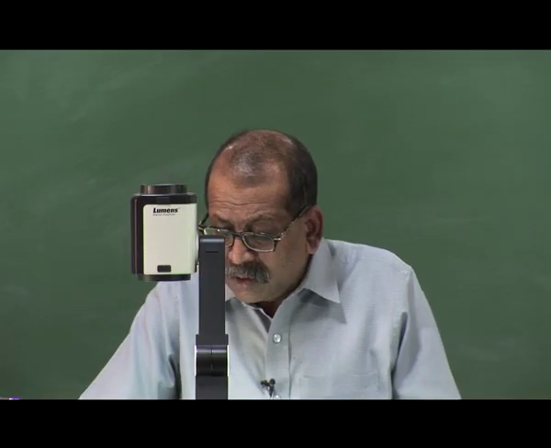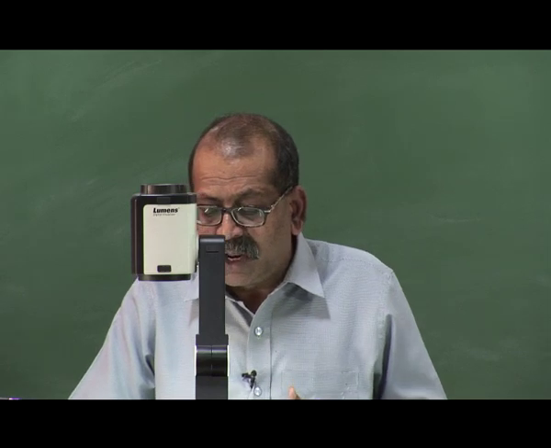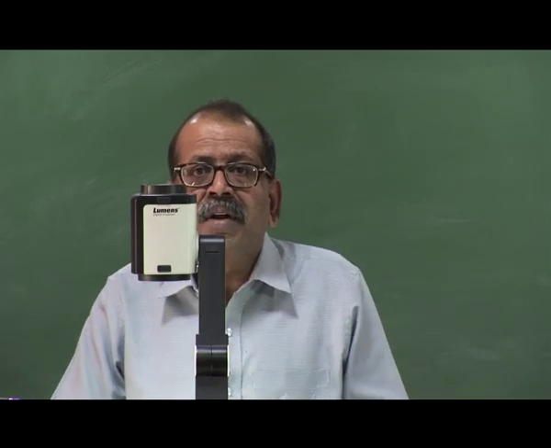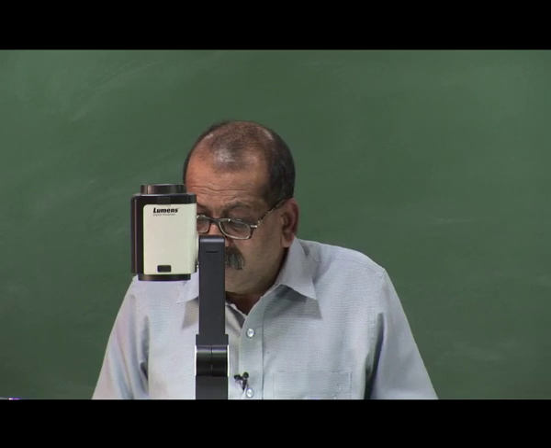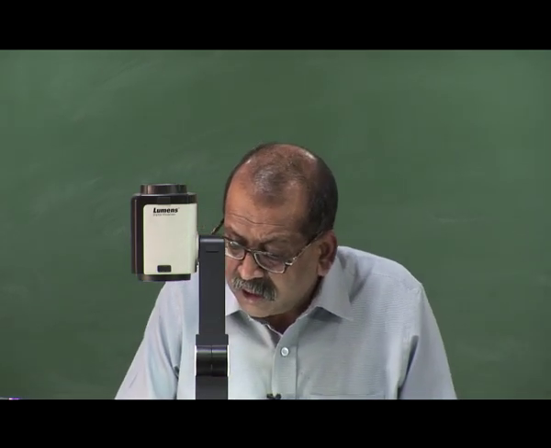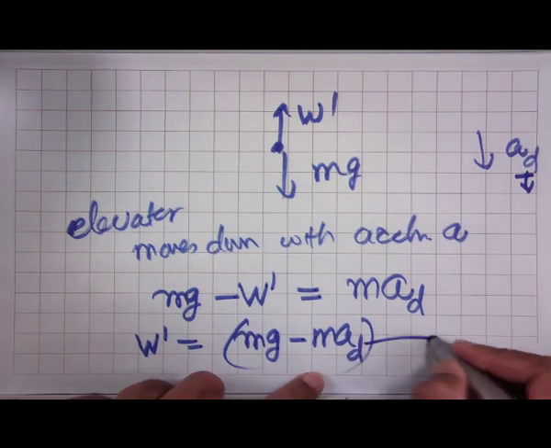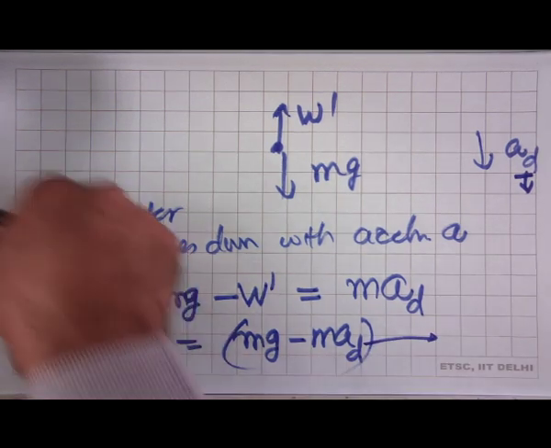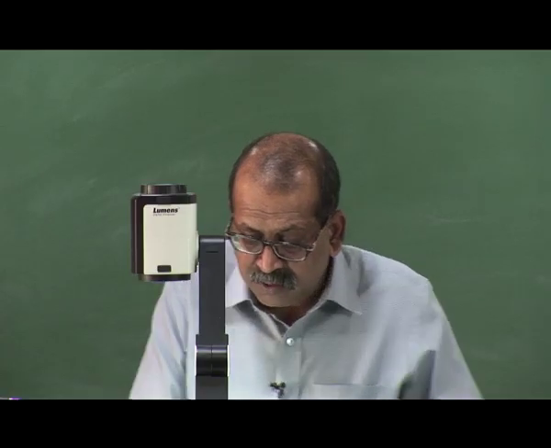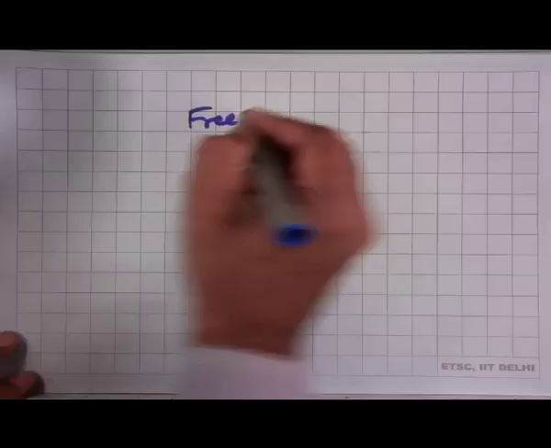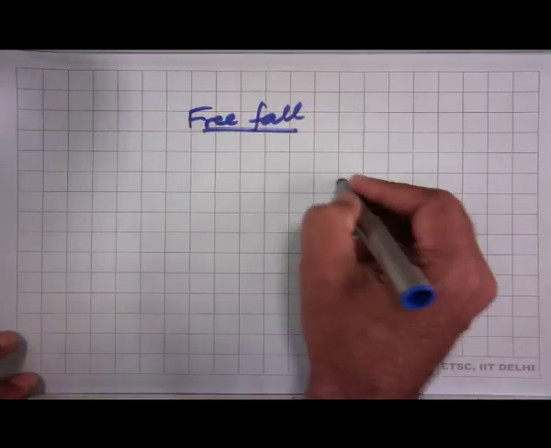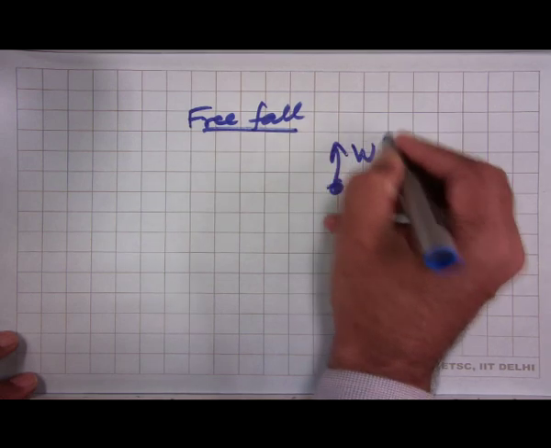Now, let us consider the case if the elevator's cable breaks so that the elevator is in free fall. If the elevator is in free fall, then the downward acceleration a_d will be equal to g. Once again, as we have emphasized, the free body diagram stays the same.